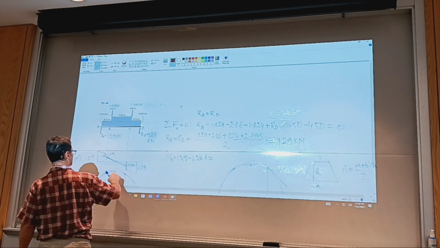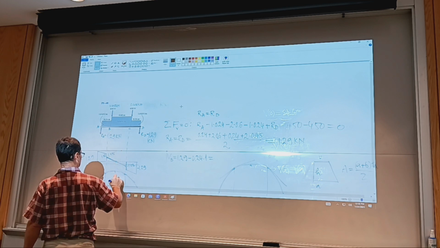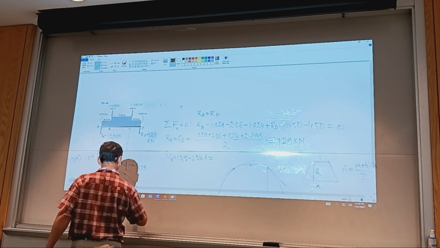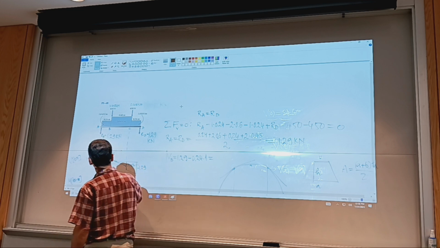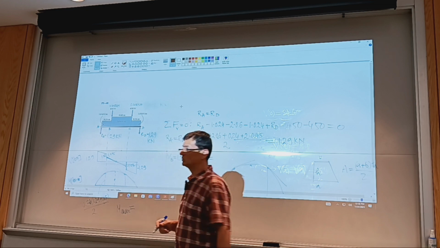If I want the moment at the maximum location in the middle, the maximum moment, M max, this is going to be the area of the trapezoid just calculated plus the area of the triangle.